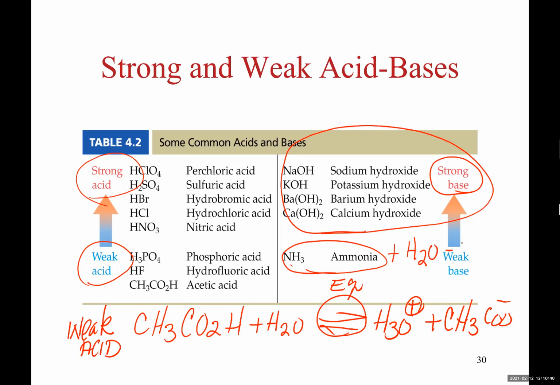In other words, if you add ammonia, you get an equilibrium to make ammonium ion and OH minus. Together they make ammonium hydroxide. So do you have to memorize this table? No, this table will be given to you. And by looking up the table, you would know whether you're dealing with a strong acid or weak acid, strong base or weak base.